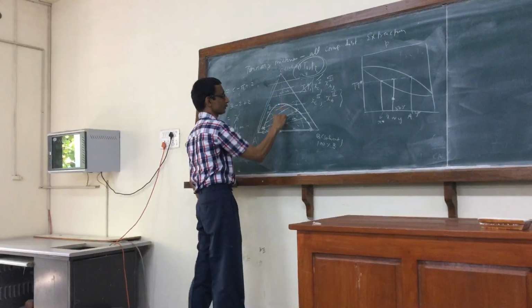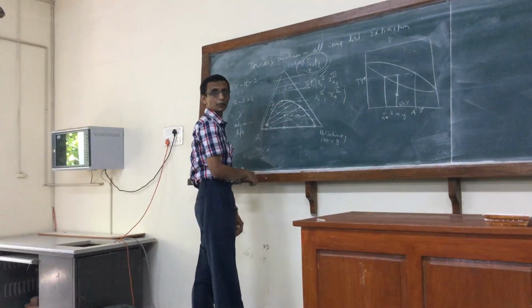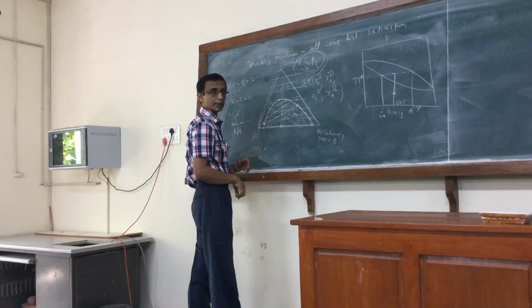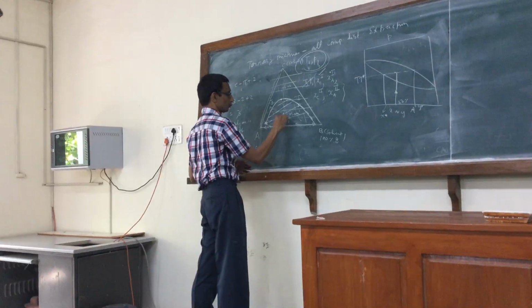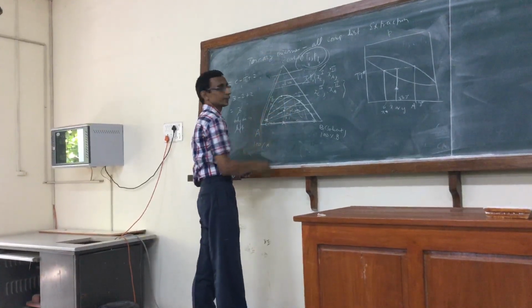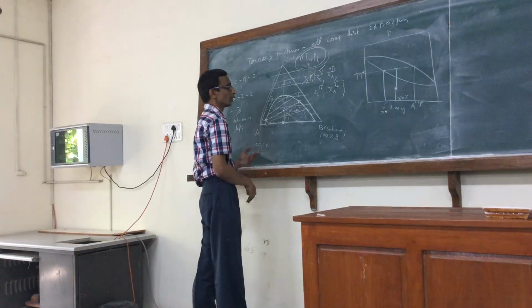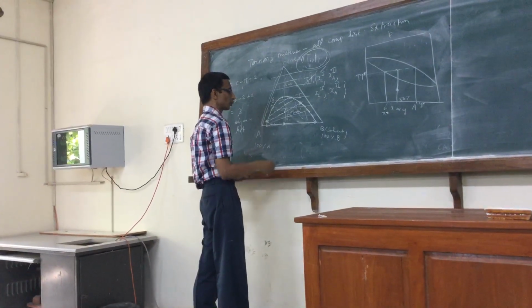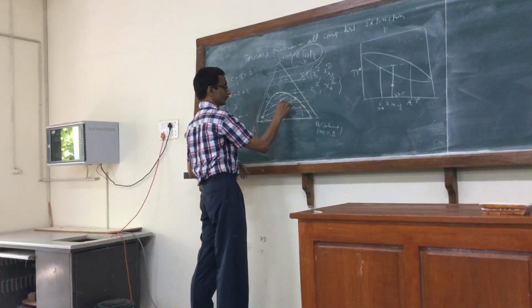I can divide this perpendicular or altitude into, let's say, 10 equal parts, and so I'll get 0.1, 0.2 like that. Right? I can mark this as a scale for C composition. So if I say XC1 is, let's say, equal to 0.2, and let's say that is this, right?